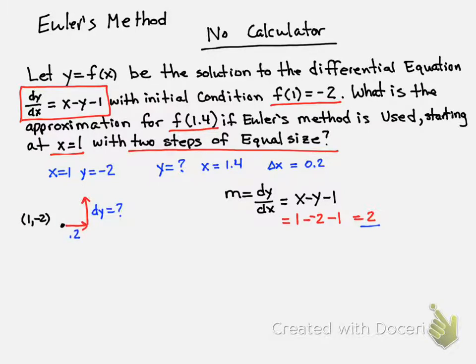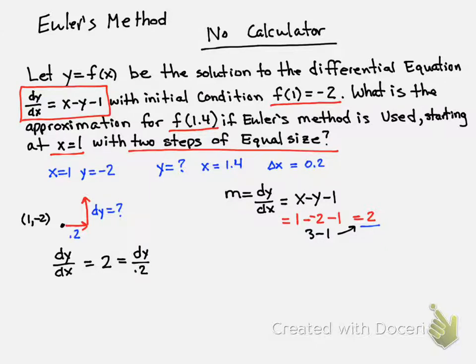So this picture clearly identifies what we have. Our slope, or our dy/dx, is equal to 2, because we had 3 minus 1 equals 2. And I know that dy is the thing I'm looking for, or change in y, and change in x, or dx, is 0.2.